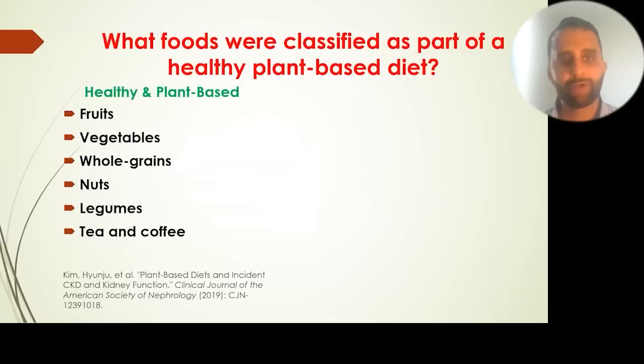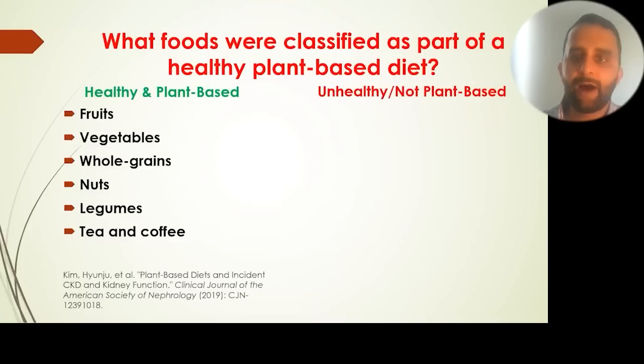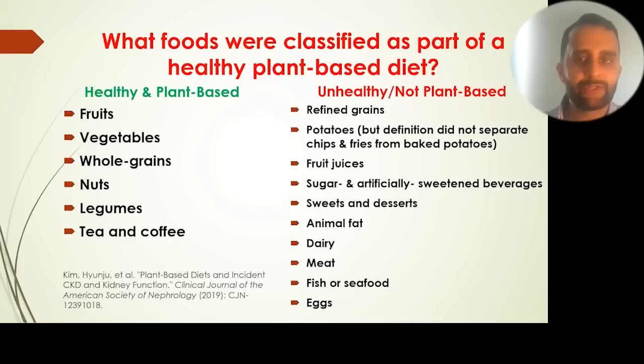So what do they define as being healthy and unhealthy? Healthy plant-based included fruits, vegetables, whole grains, nuts, legumes, tea, and coffee, and that's similar to what we described earlier. Unhealthy included refined grains and potatoes. In this study, potatoes were lumped as unhealthy, which I disagree with.